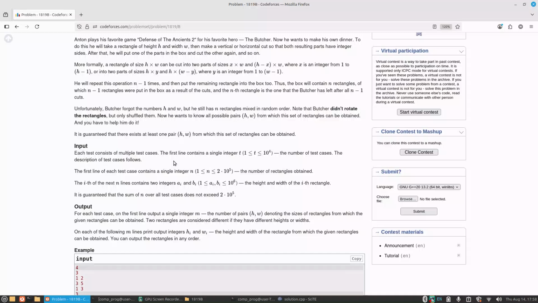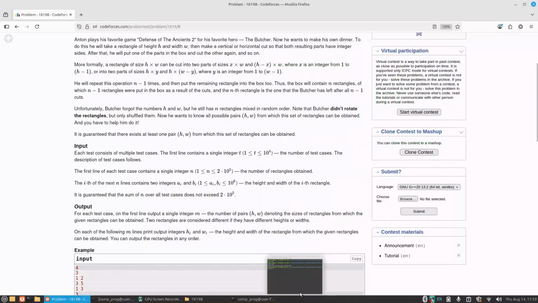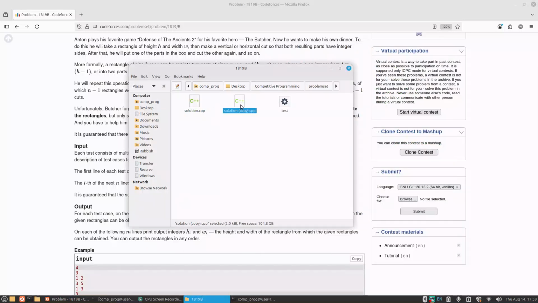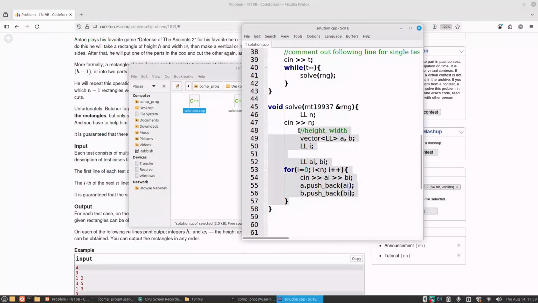So I guess one way I'm thinking of sorting it is, yeah, this way of representing it isn't really necessary. So yeah, we don't really need height, width.